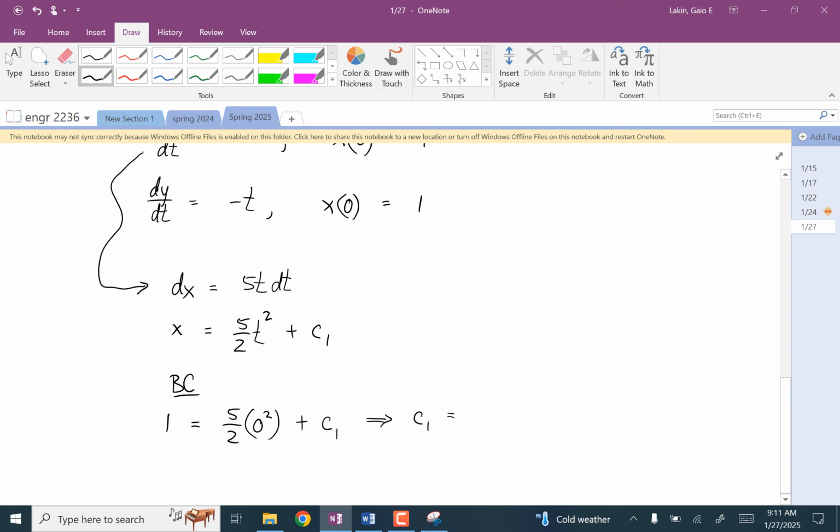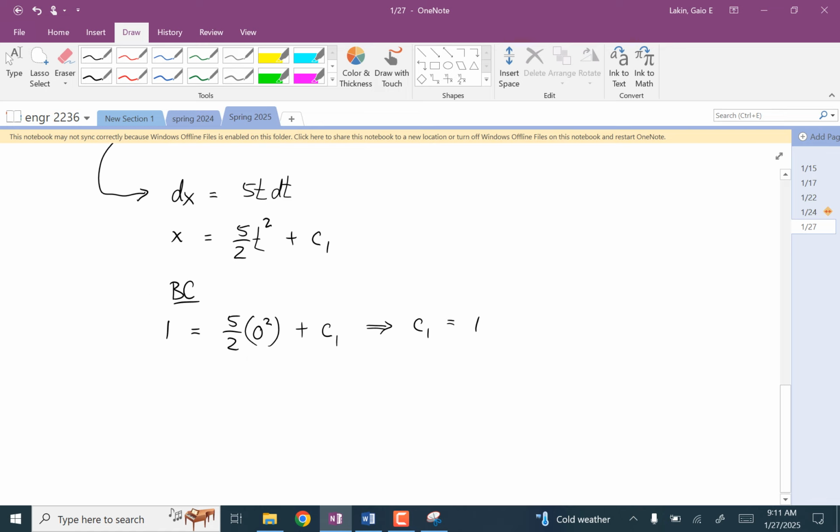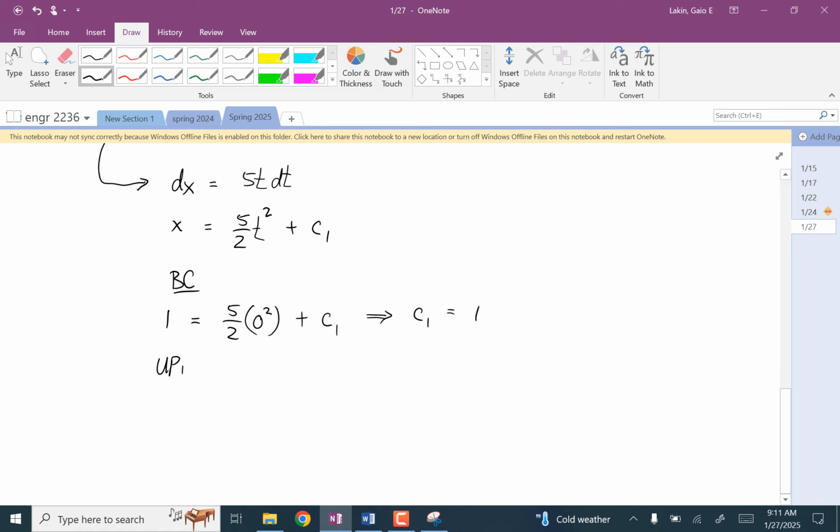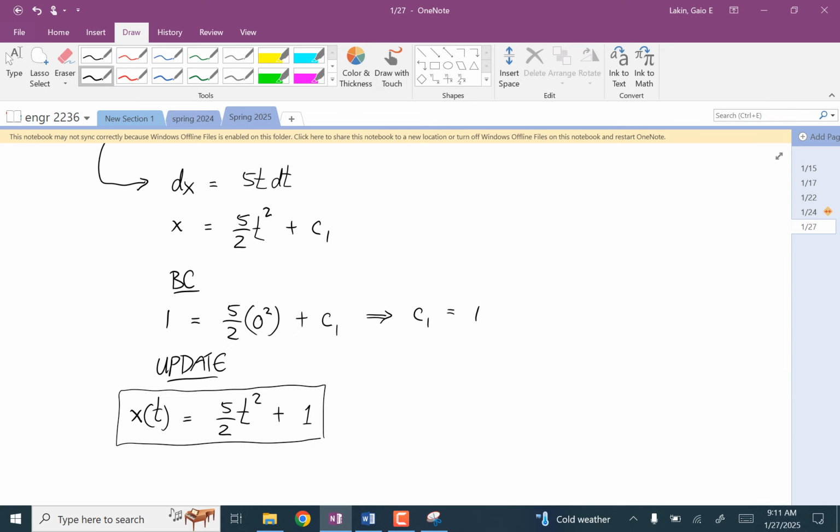So C1 is equal to 1. And so now I'll update my best knowledge up to this point for what x is, and x as a function of t is 5/2 t squared plus 1. Any questions about that one?